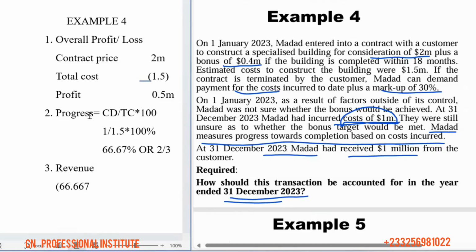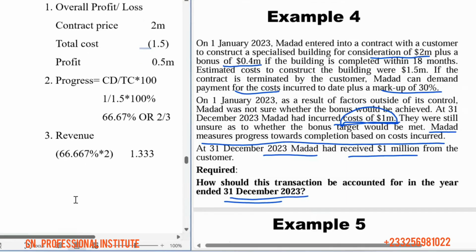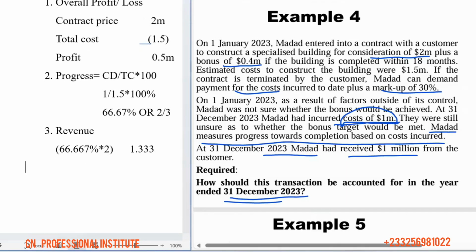You can just make it 67%, it doesn't matter. You can use only two decimal places here. Just do it your own way. You can even use 2 over 3 times the 2 million, because 2 over 3 is the same as 66.67%. So when you do it, you get 1.333 million.